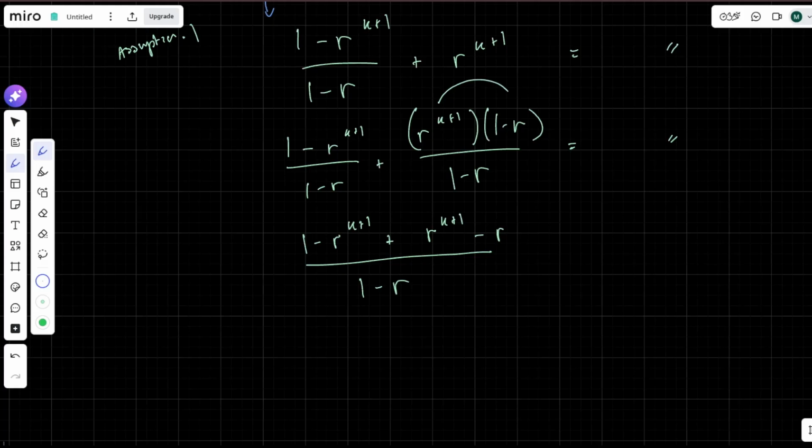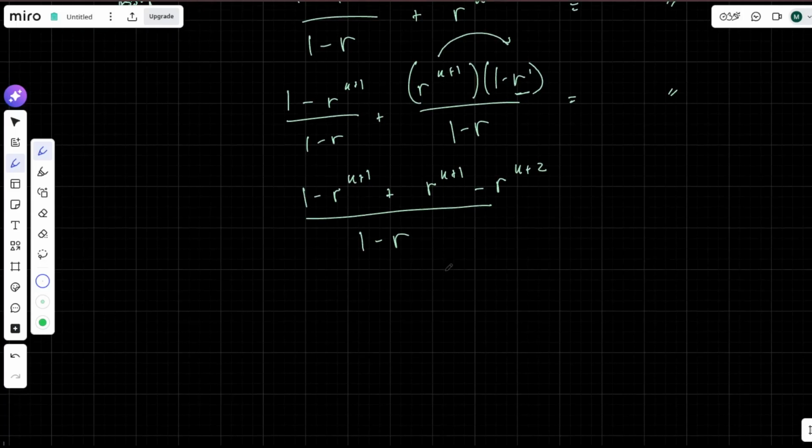Now when we multiply r^(k+1) with minus r, what's happening is I'm basically multiplying by r to the 1 power. And when you multiply two terms that have different powers but the same base, you're going to add up the powers. So this becomes minus r^(k+2). It's still negative, because a negative value times a positive value is going to end up being negative, right? So we've still got that component.